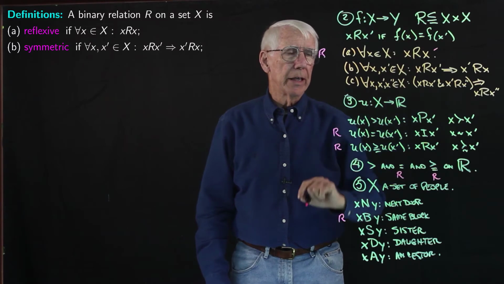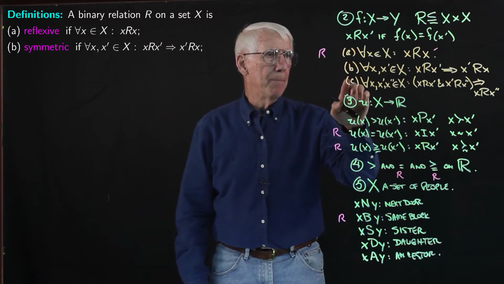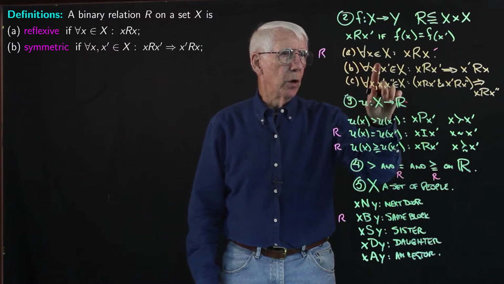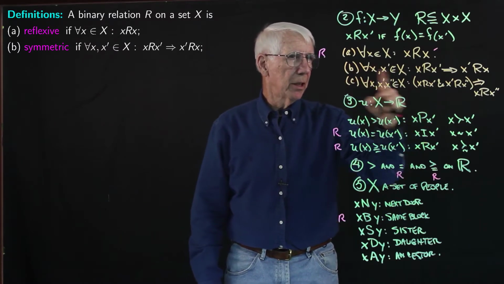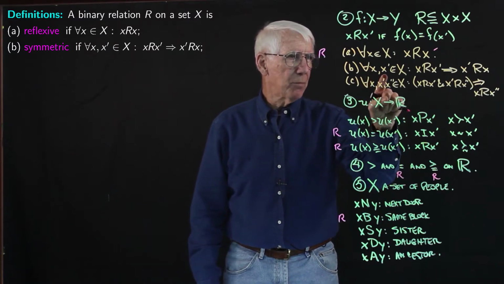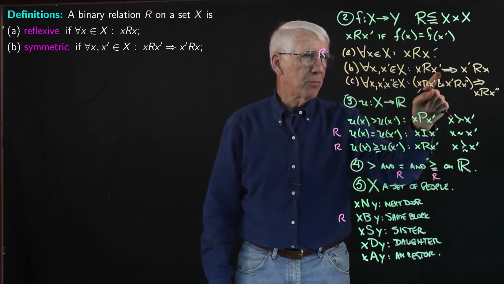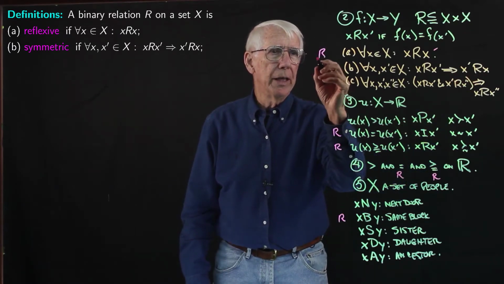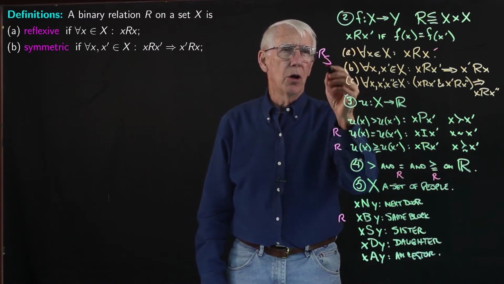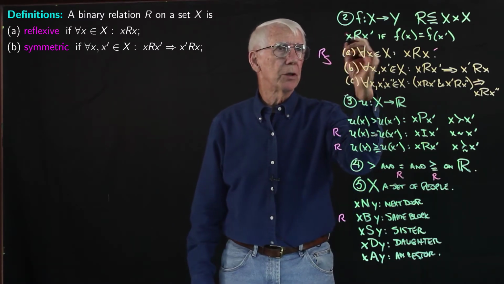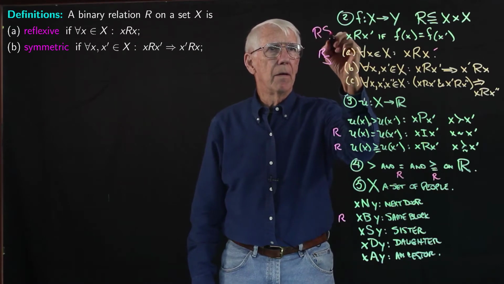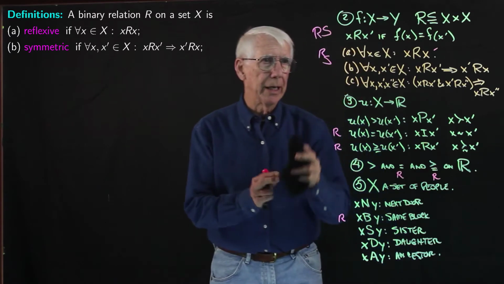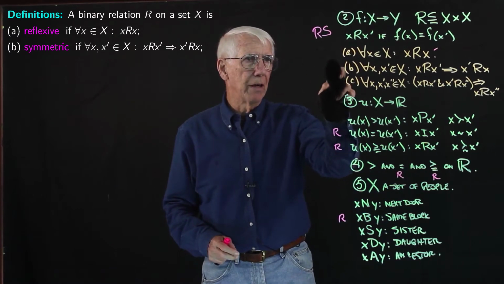Our first example here was symmetric because here we said that for every X and X prime, if X is R related to X prime, then X prime is related to X. That's symmetry. So the relation is symmetric. So all of these refer, maybe I should just put this up here, they all refer to this same relation. A, B, and C are not different relations. So that's a little confusing if I do that.